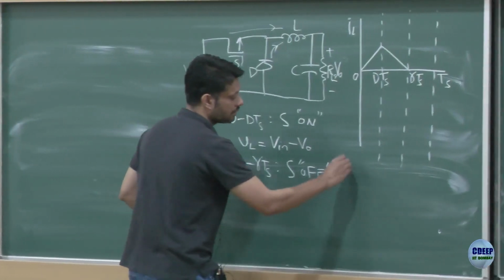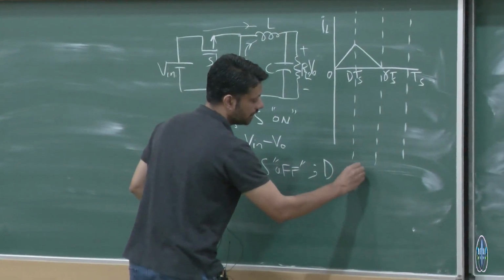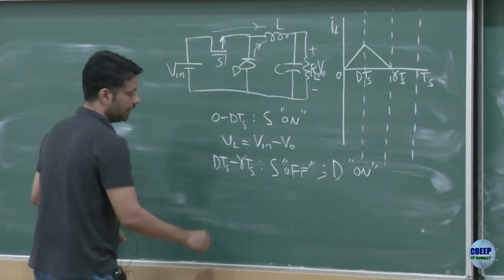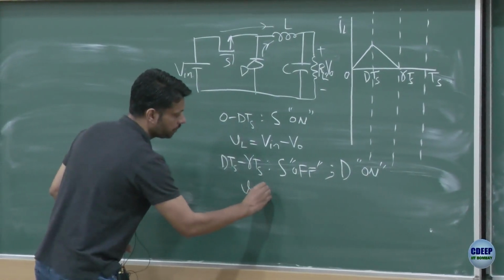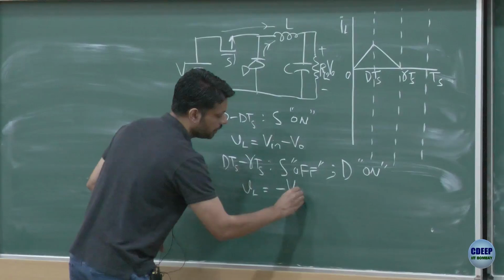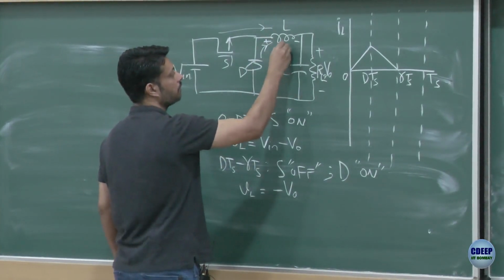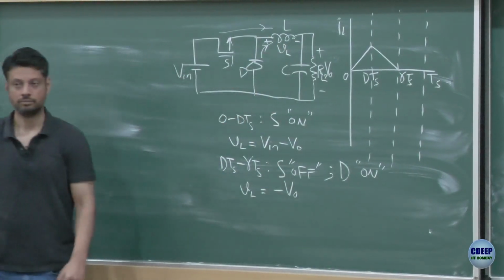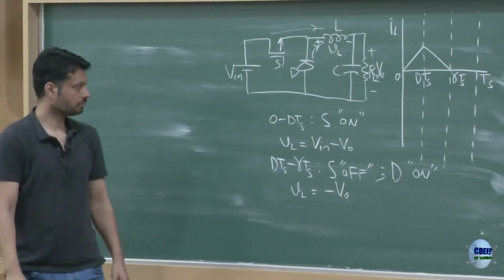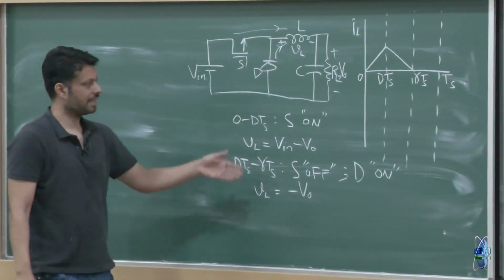In that case, the diode is on or conducting, and VL is equal to minus VO, where VL reference is this one.